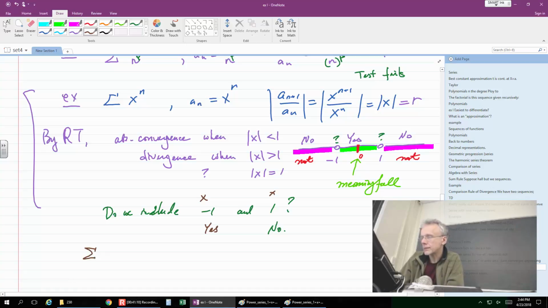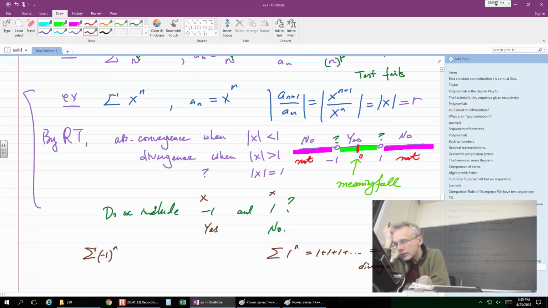Summation of (-1) to the n does not converge. Summation of 1 to the nth power is 1 plus 1 plus 1, and it is equal to infinity, so it diverges. But the other one also diverges.